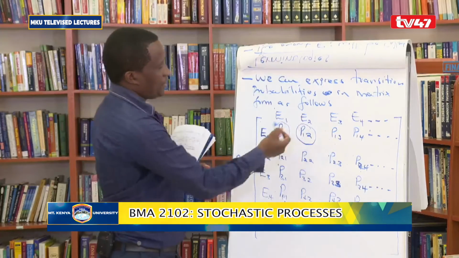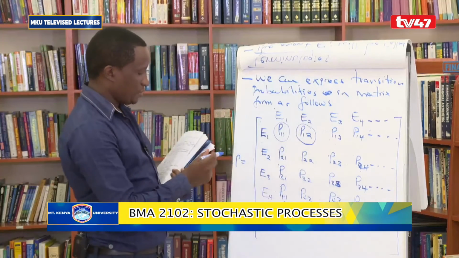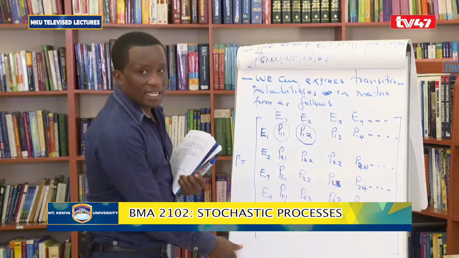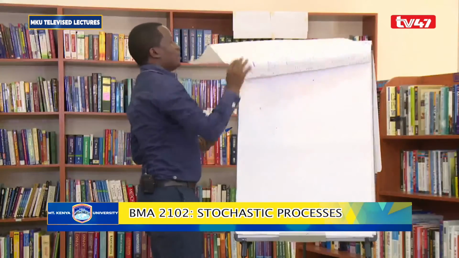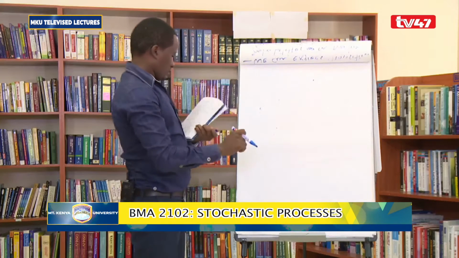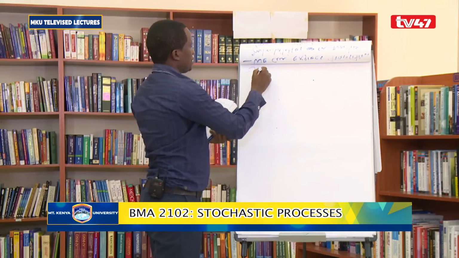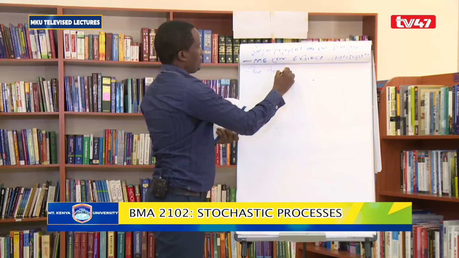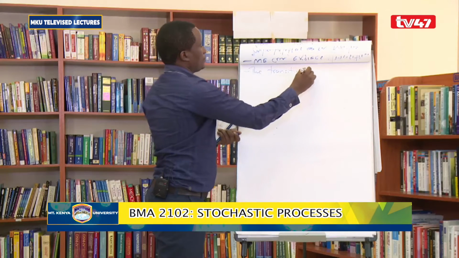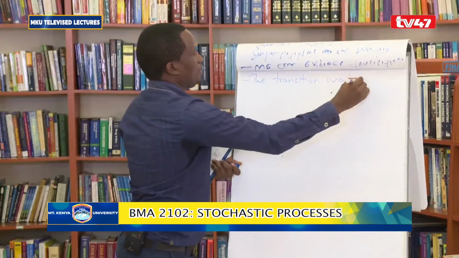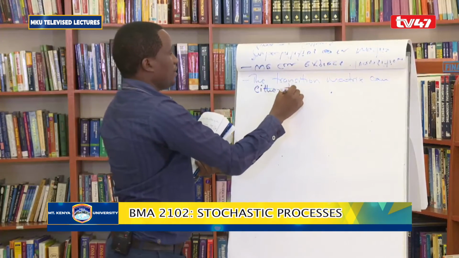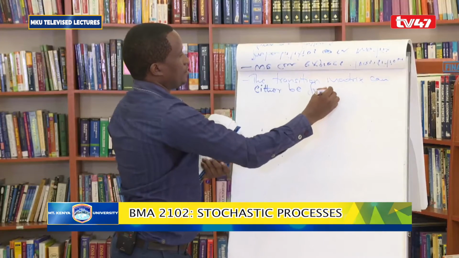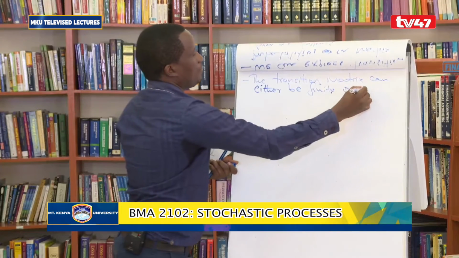So this will represent probabilities of moving from one state to another given a number of steps. So the transition matrix can either be finite or infinite.